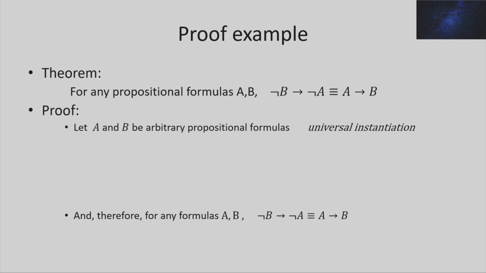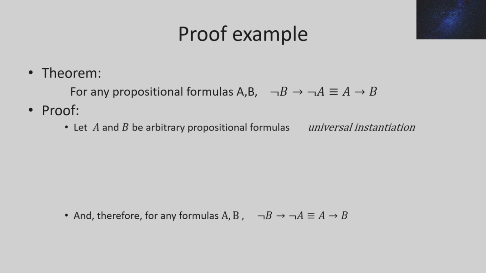First, it starts with saying for every A, B in the domain of propositional formulas. In order to prove a statement like that, our first step is universal instantiation. We want to give them names. And by the way, a lot of the time in proofs in computer science and mathematical literature, people wouldn't even bother to give those variables different names. They just say, okay, let A and B be arbitrary propositional formulas.